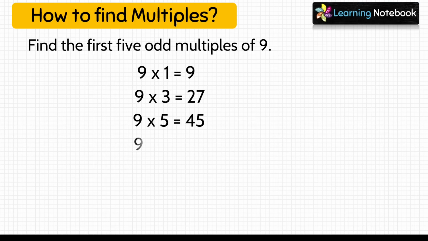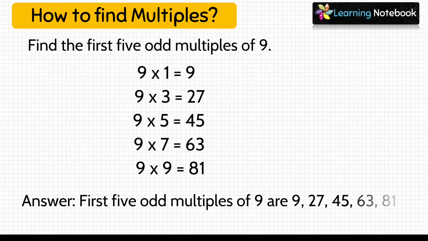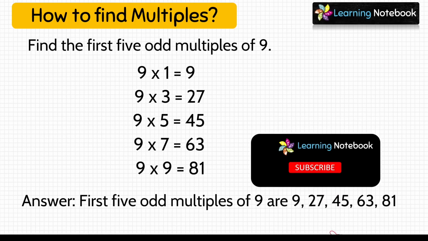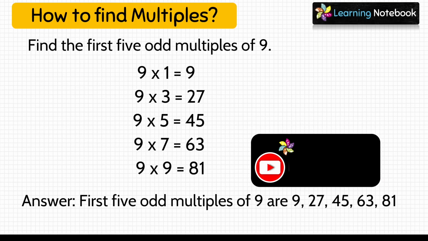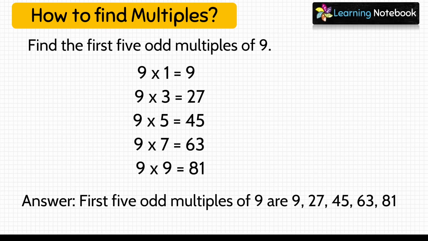That is 1, 3, 5, 7 and 9. So we have got the first 5 odd multiples of 9, which are 9, 27, 45, 63 and 81.